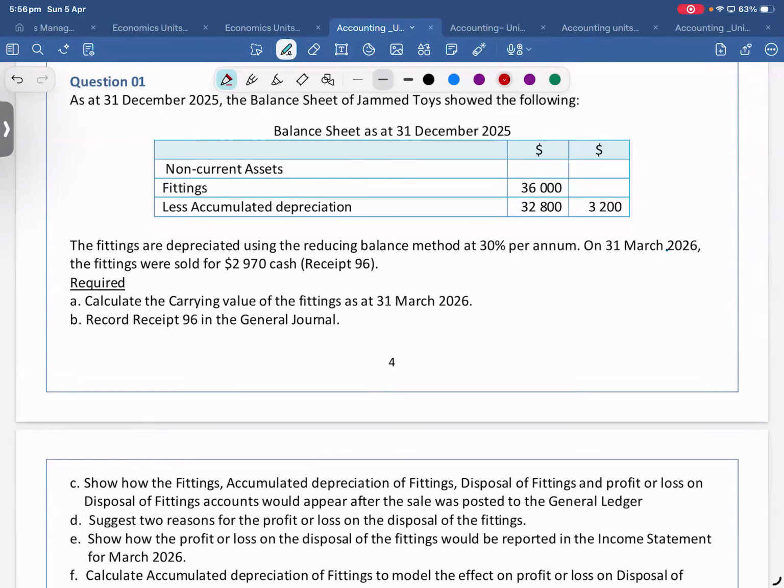Proportionately. So here it's 3 months, so 3 over 12. Then 800 times 0.3, how much? 240.